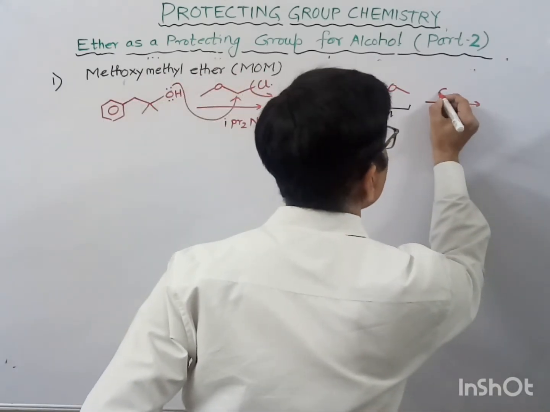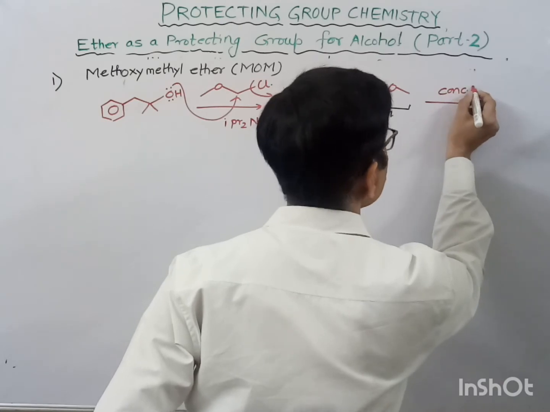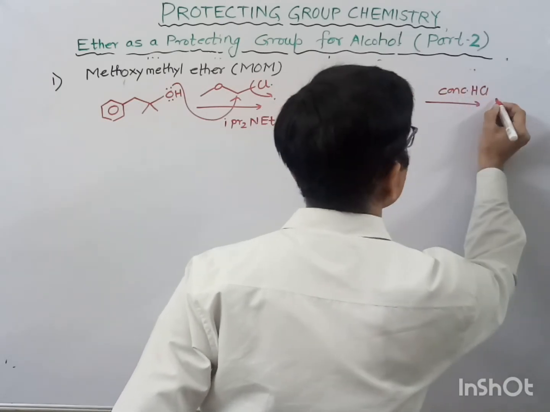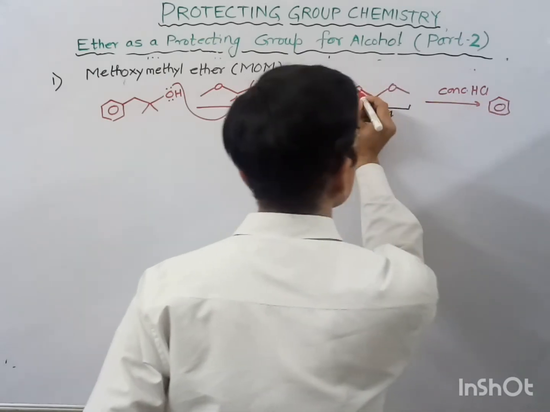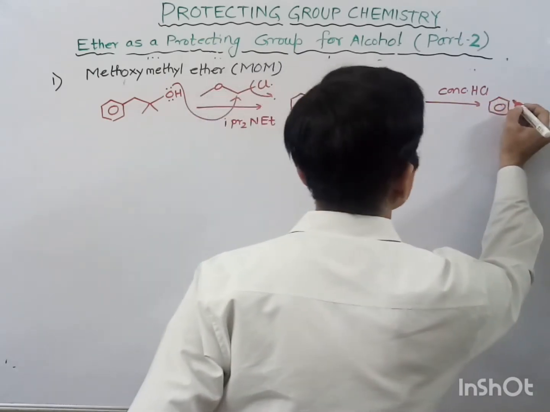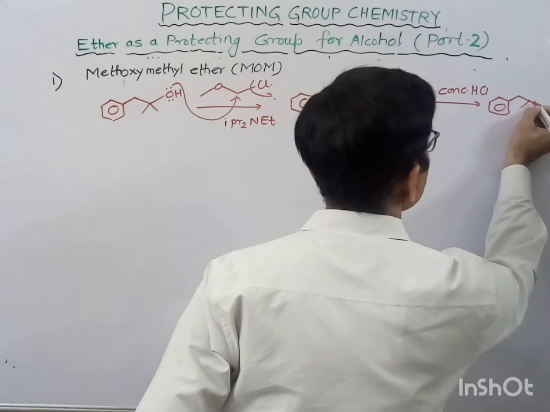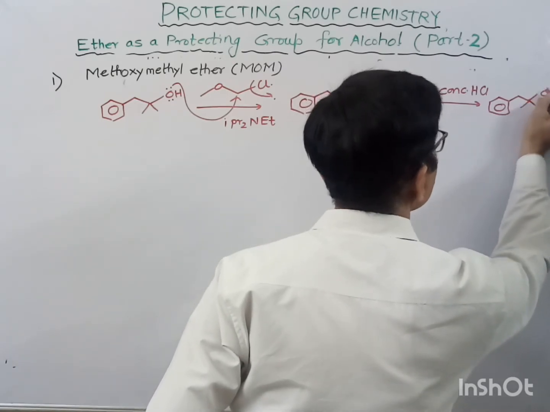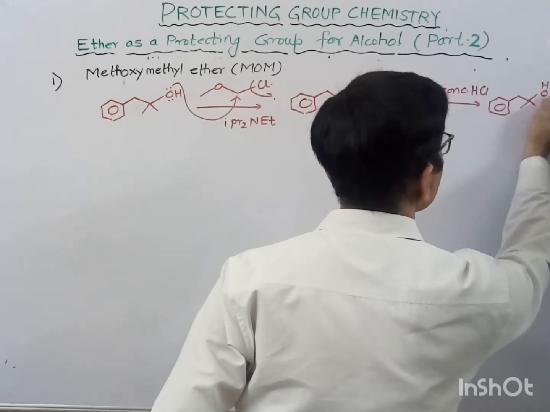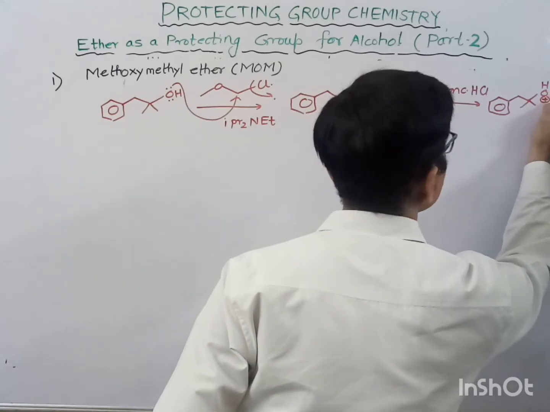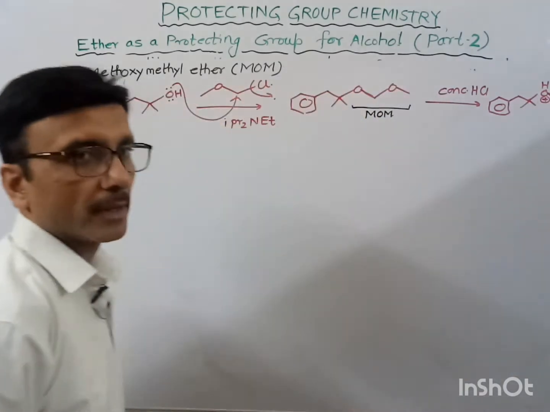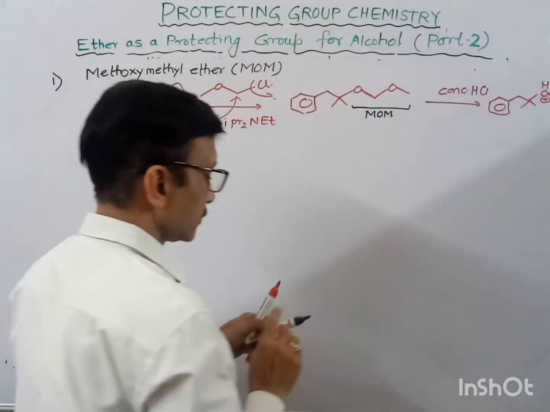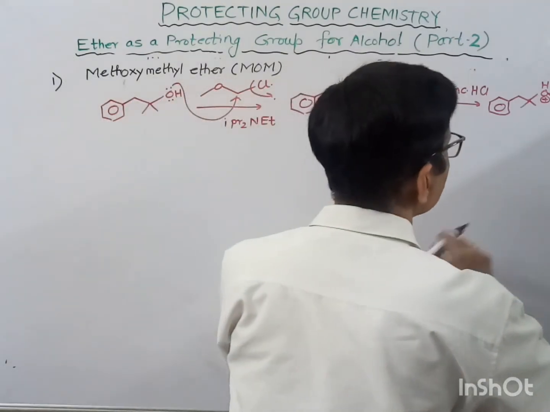This can be deprotected in the presence of concentrated HCl, and this oxygen will be protonated. So the oxygen that will be protonated is this one, and here this carbon-oxygen bond will break.